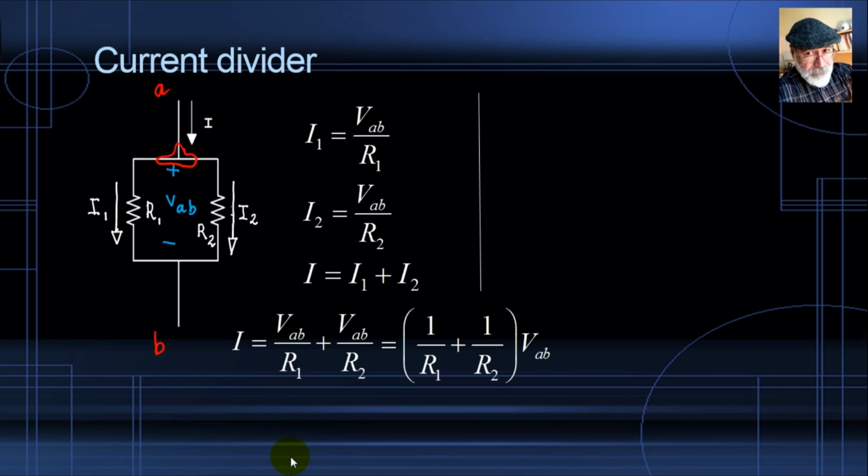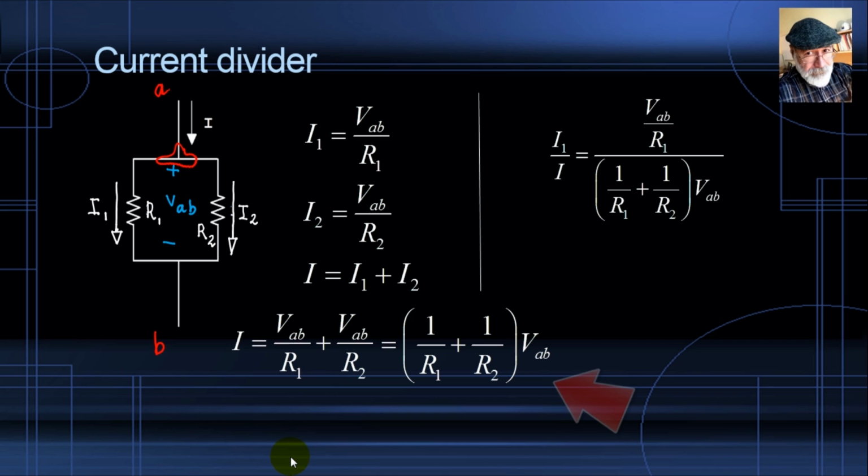But what we were looking for is what percent of the total current is I1. How am I going to do that? Divide this equation at the top for I1 by the equation at the bottom for I. Divide them, and this is what you get. VAB cancels out. Simplify a little, and this is what we get.